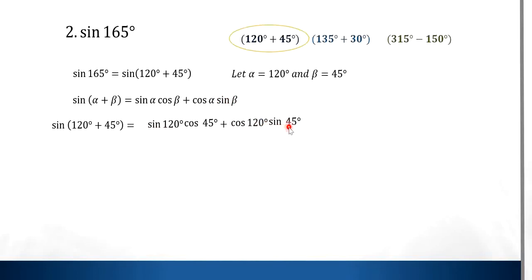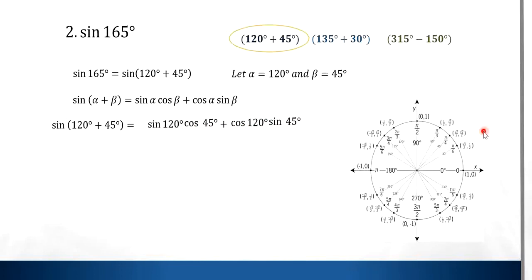And this time, we will be needing the exact values of these 4 trig functions using our unit circle. Okay, first, let's find the exact value of the sine and cosine for 120 degrees. So, this one is our 120 degrees.